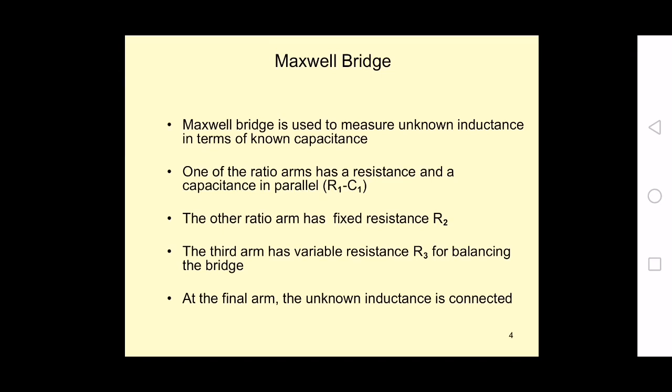Four bridge arms, Z1, Z2, Z3, Z4, are called impedances, and the detector is represented by the headphones.